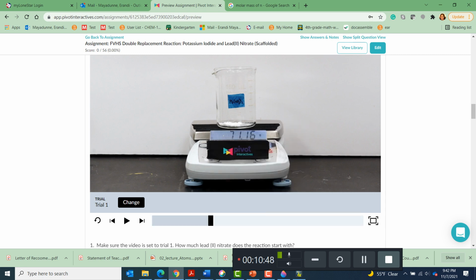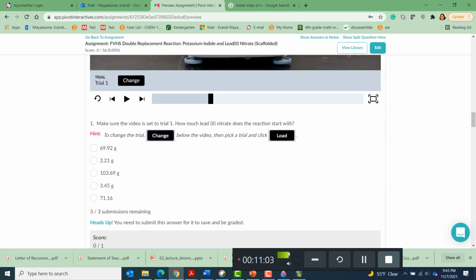What you do: 71.16 is the mass with the lead nitrate and the beaker, and then you subtract the mass of the beaker, which is 67.71. So you get the mass of lead nitrate. I didn't subtract, but it should be around 3.45, something like that.